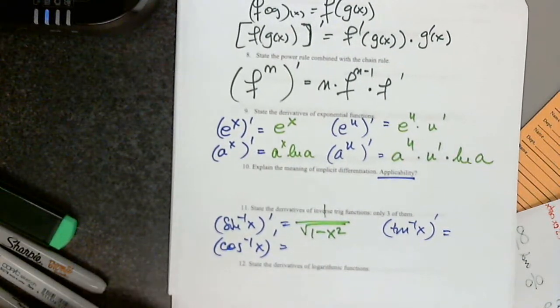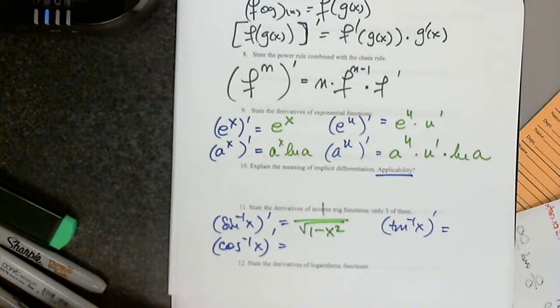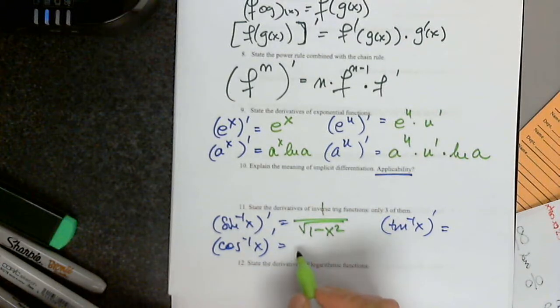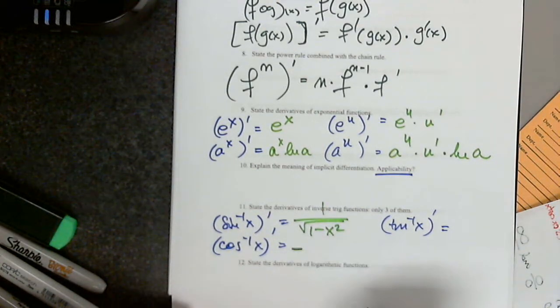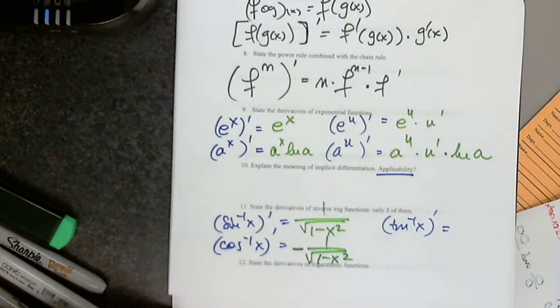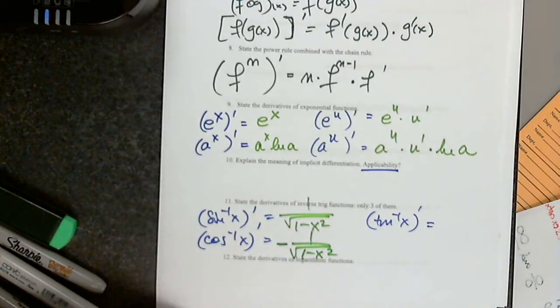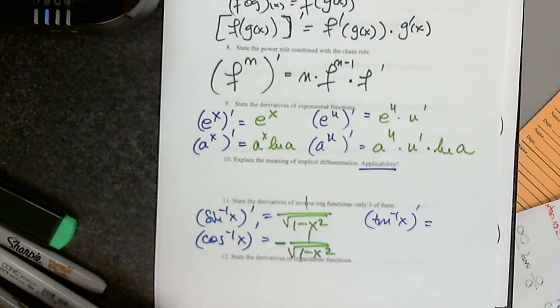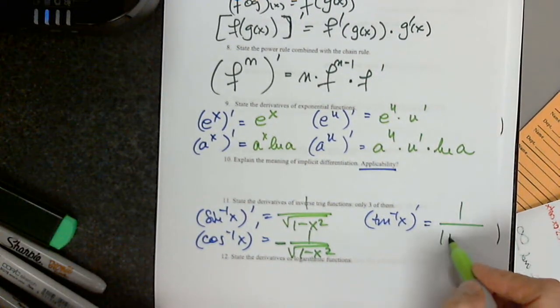Excellent. The second one. The only difference is the minus in front. Negative 1 over the square root of 1 minus x squared. And what about tangent inverse prime? 1 over 1 plus x squared. Excellent.